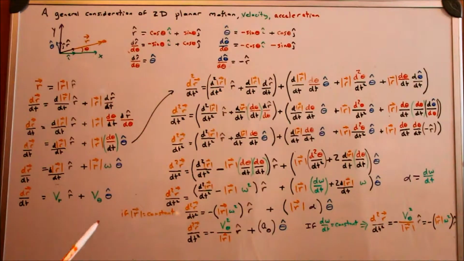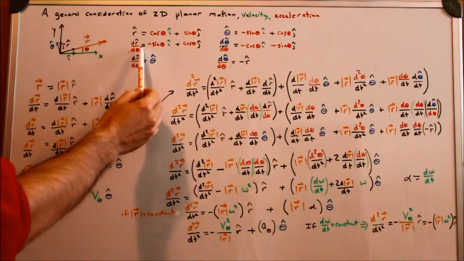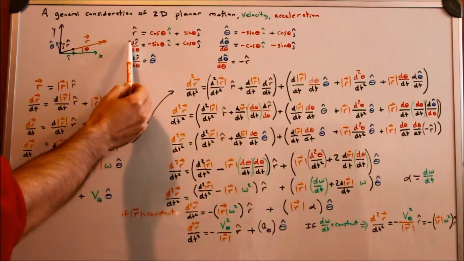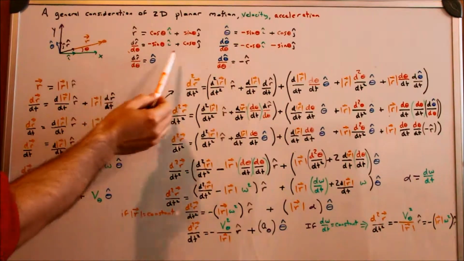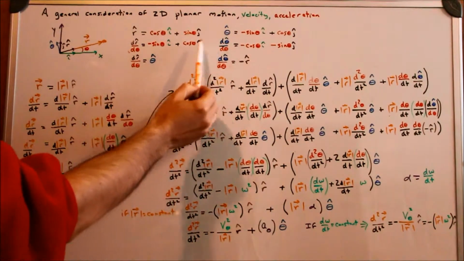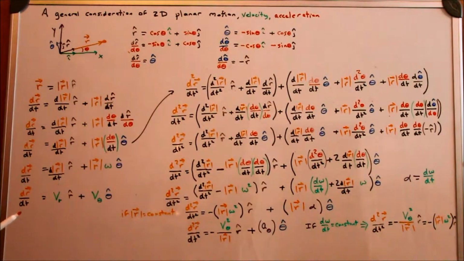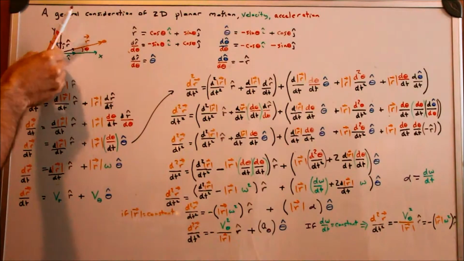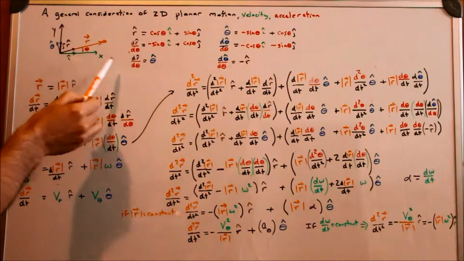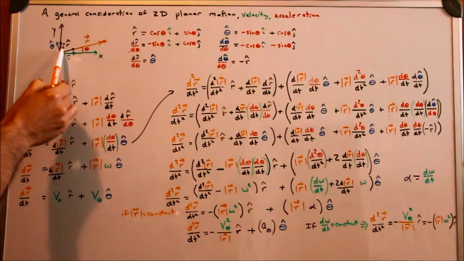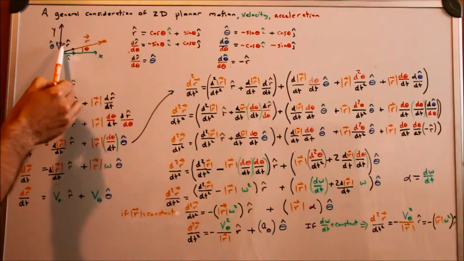And a kind of interesting observation you can see from this solution is that this term right here, the d r hat d theta, is theta hat. These are one and the same. So the change in r hat with respect to theta, you'd expect that is theta hat.